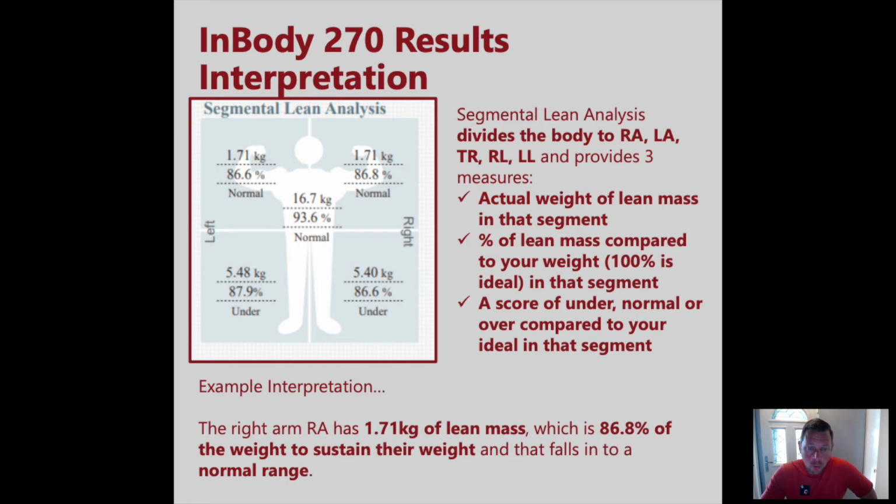So we're normal on the upper body and the trunk, and we are under on the legs, left and right. So to break that down into training, that would mean that we need to do a lot more lower body work in order to get those to normal, and we could do a little bit more upper body work in order to get those percentages higher.